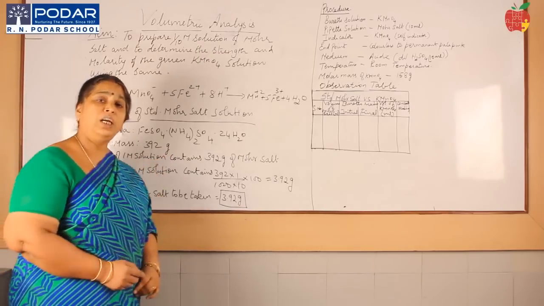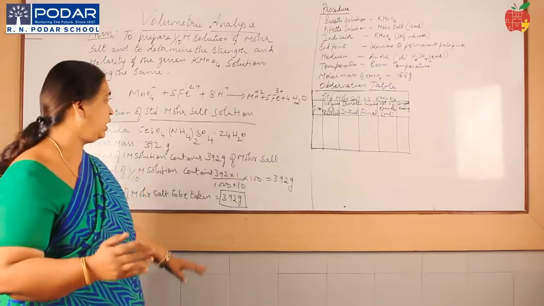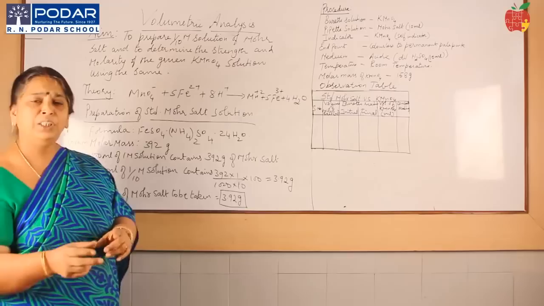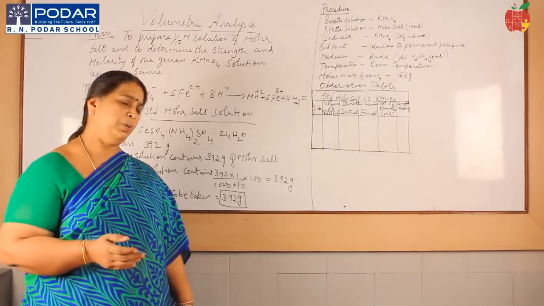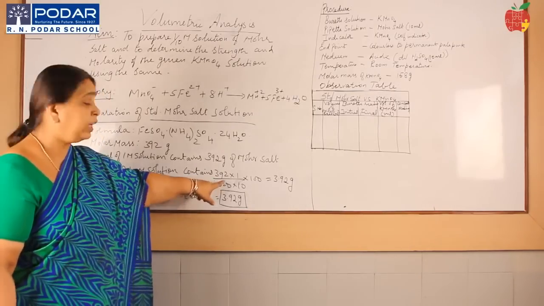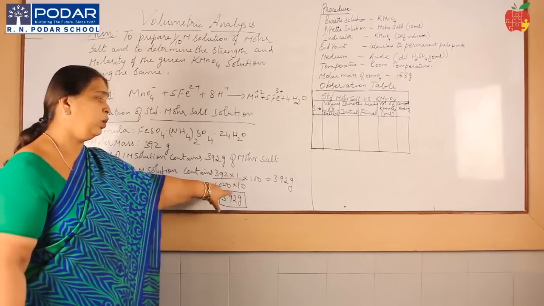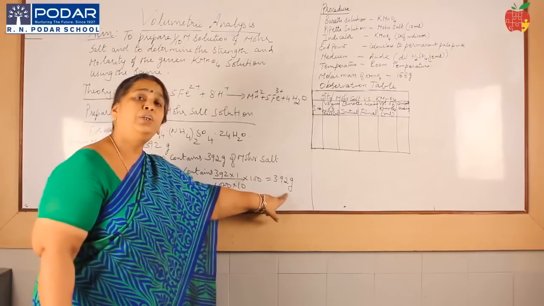So we know that 1000 ml of 1 molar solution of the Mohr's salt contains 392 grams of the Mohr's salt. We are giving you a 100 ml standard flask. In the 100 ml standard flask, 1/10 molar should be prepared. So you calculate accordingly. 1000 ml contains 392 grams for 1 molar solution. Therefore, for 1/10 molar and for 100 ml, your calculation comes up to 3.92 grams.